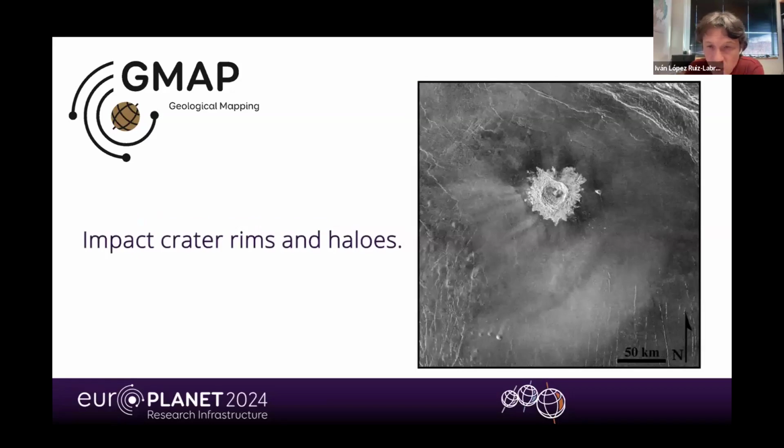And we see also impact craters. We see an impact crater here, which, as you can see, is very bright in radar images because the ejecta is composed of blocks that are expelled in the process of the impact. So it's a very rough surface, and therefore it's going to be very bright. But a very interesting feature is that you see variations in the radar properties of the surface that are produced by the dust formed in these processes, and that indicates that the impact is young.